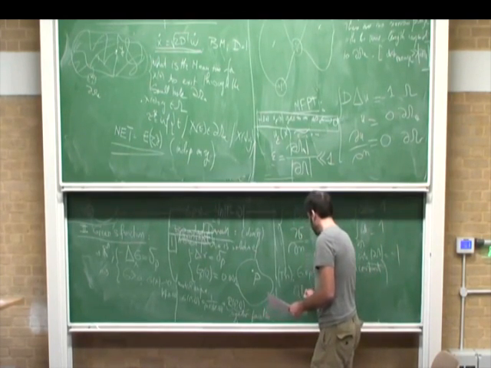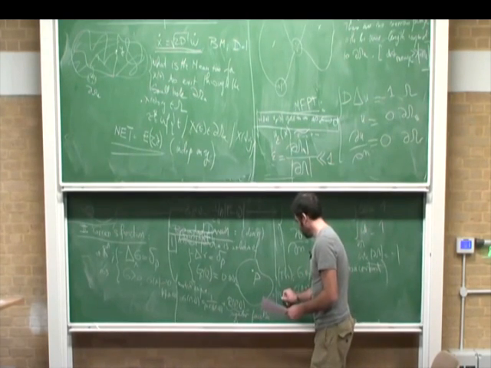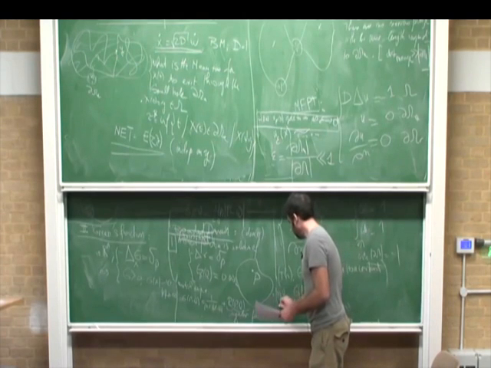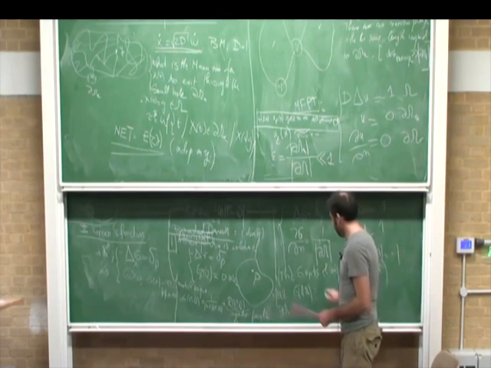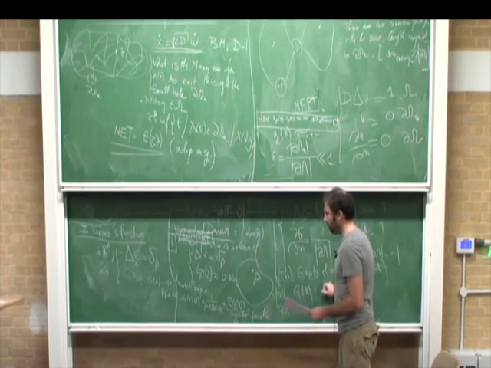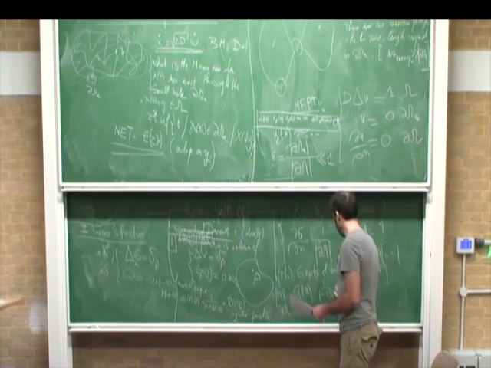You have P and Q, if P belongs inside the domain and Q is inside the domain. The Green's function is again of the form 1 over n minus 2 times P minus Q, plus a regular function.